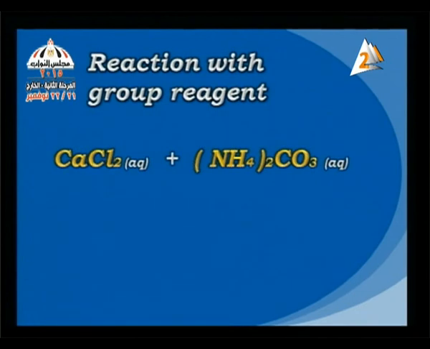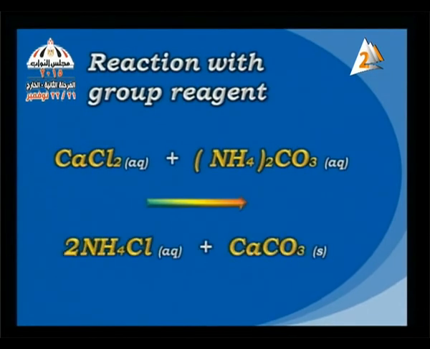So the equation of this one: calcium chloride, CaCl2, in aqueous solution, plus (NH4)2CO3, ammonium carbonate solution, also aqueous. They make a double substitution reaction to form ammonium chloride, 2 NH4Cl aqueous, plus calcium carbonate.